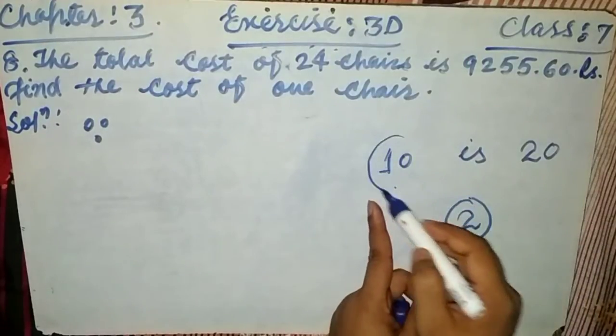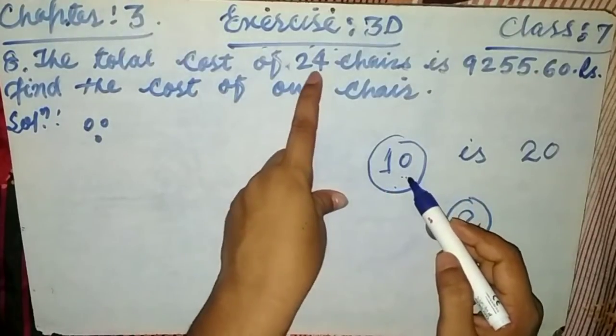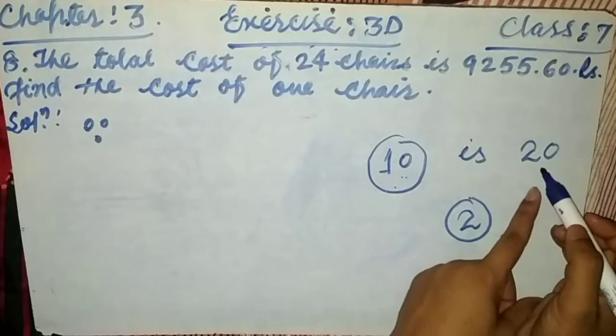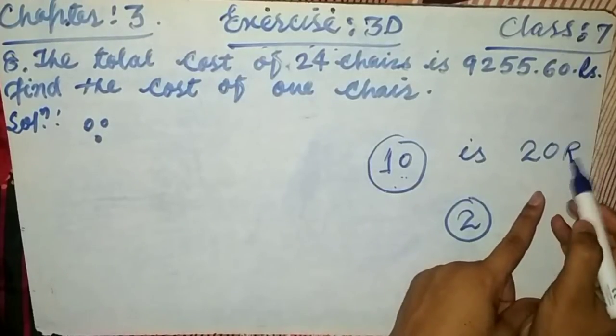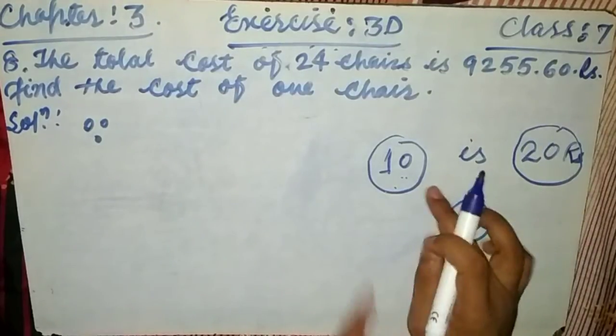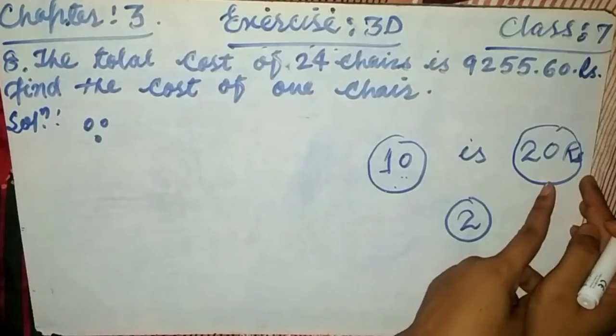And what about the 20? Sorry, what about the 10? This 10 is here 24 instead of 10, and this amount instead of 20. This is the total amount, this is the number of things, and this is the total amount of these things.